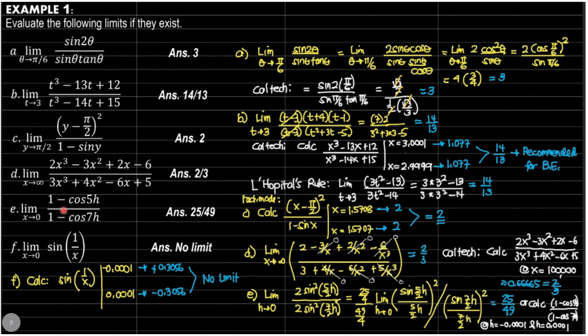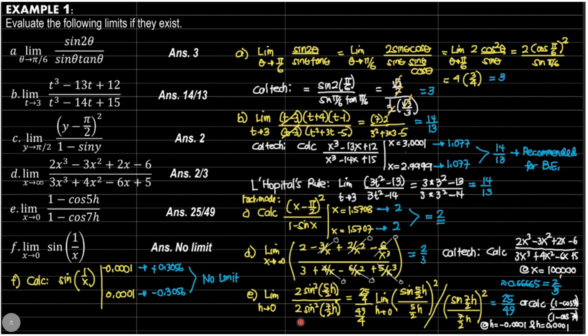Letter E, limit of 1 minus cosine 5h over 1 minus cosine 7h. For the students, we have to use the equivalent identity of this, which is 2 sine squared of 5h over 2, divided by 2 sine squared of 7h over 2.